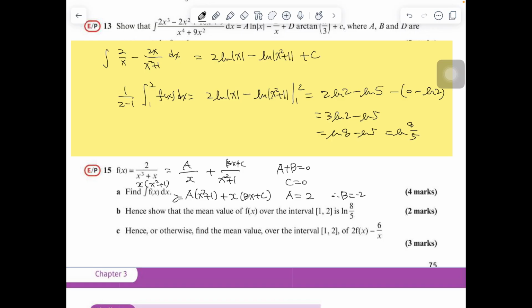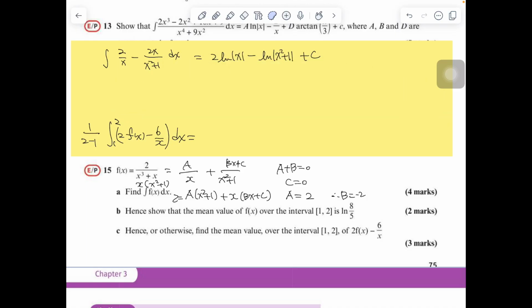So the mean value between 1 and 2 is ln of 8 over 5. Now find the mean value of 2 f of x minus 6 over x. So 1 over (2 minus 1) times the integral from 1 to 2 of (2 f of x minus 6 over x). This is what we need to find. We know the first one already: 2 times the integral from 1 to 2 of f of x dx, minus 6 times the integral from 1 to 2 of 1 over x dx.